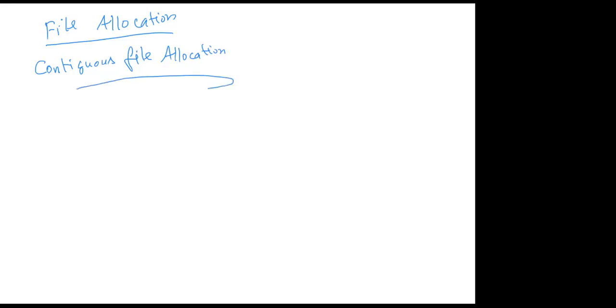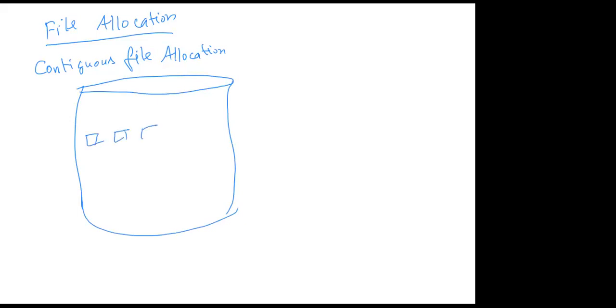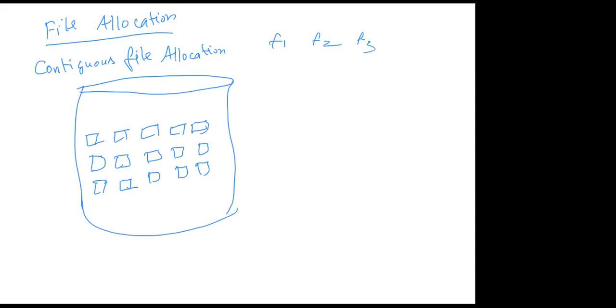Let's see. If you consider this is the SSD, this is the SSD block. Let's say you have total files F1, F2, and F3. Let's say F1, in red color.